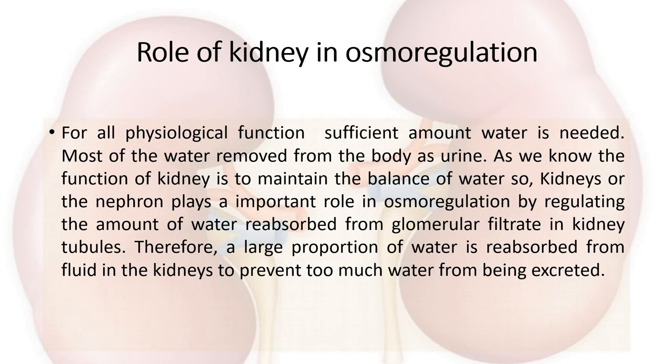So the main structural unit of kidney, which is nephron, plays a very important role in osmoregulation by regulating the amount of water and also by reabsorbing the water from glomerular filtrate in kidney tubules. Therefore, a large proportion of water is reabsorbed from the waste fluid in the kidney to prevent too much water being excreted.